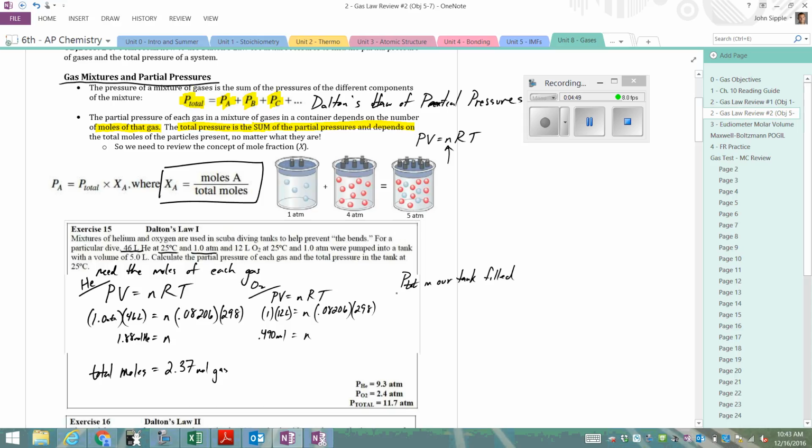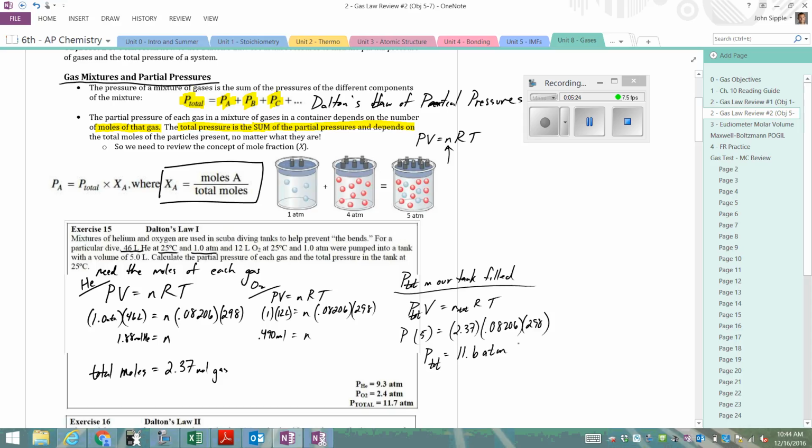So we do another ideal gas law problem to solve for total pressure, using total moles, R, and T. Solving for P, our volume is 5 liters, the total number of moles is 2.37, R is 0.08206, and the temperature is 298. Working out the math, the total pressure is 11.6 atmospheres, what I came up with.